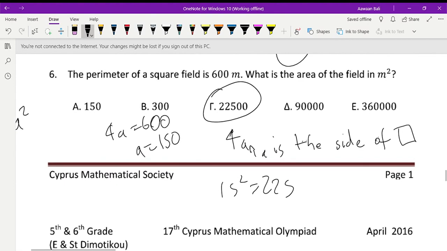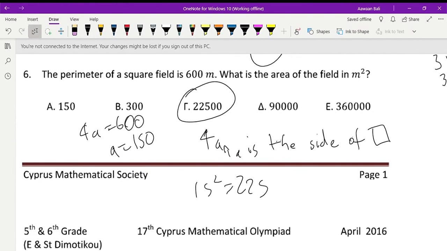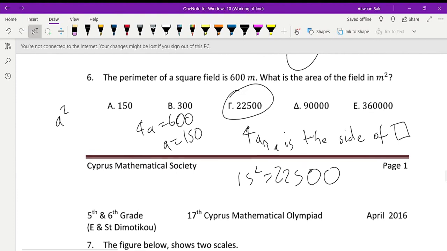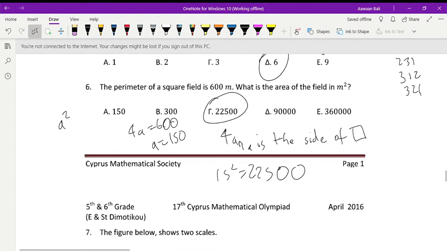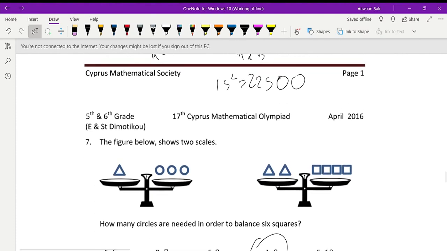And just add more zeros. Since we're multiplying the numbers together, just double the amount of zeros there are, and then you get your answer. So the answer is gamma, 22,500 meters squared.